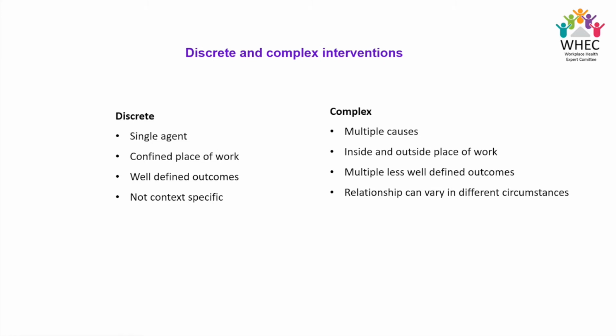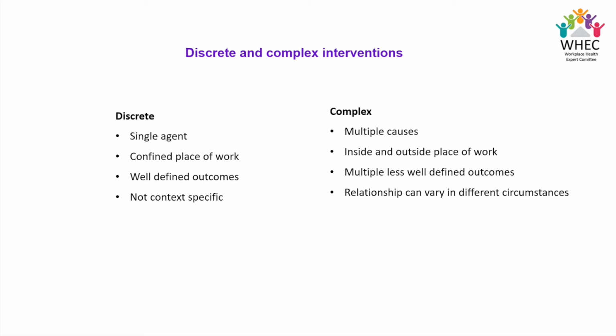It's helpful to distinguish discrete from complex interventions. In the left-hand column, I have identified the characteristics of a discrete intervention: a single agent confined to the place of work with well-defined outcomes that is not context-specific.